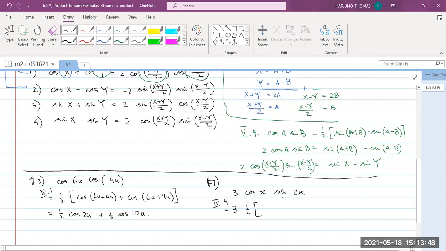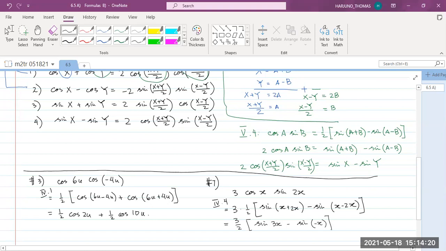So cosine x sine 2x will be sine of sum minus sine of difference. So this is 3/2 of sine 3x minus sine negative x.